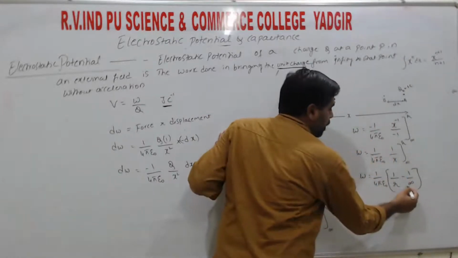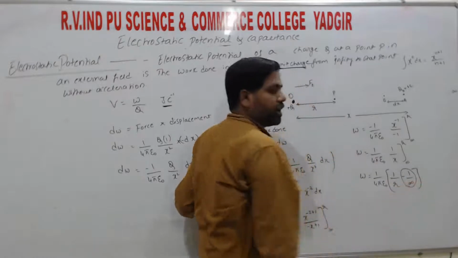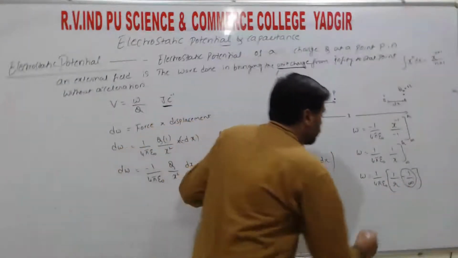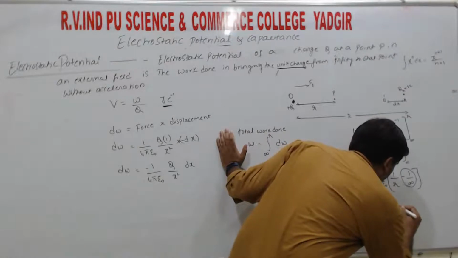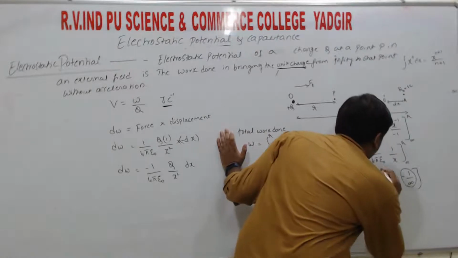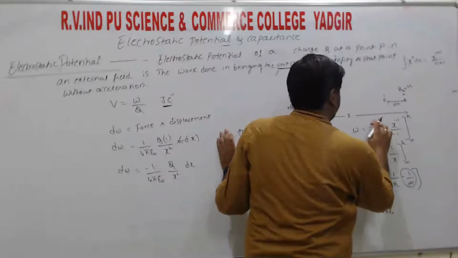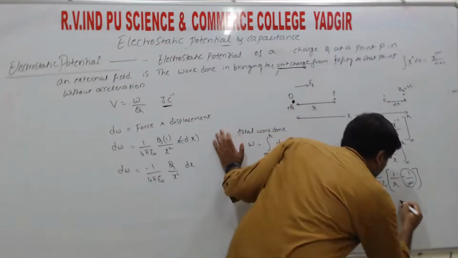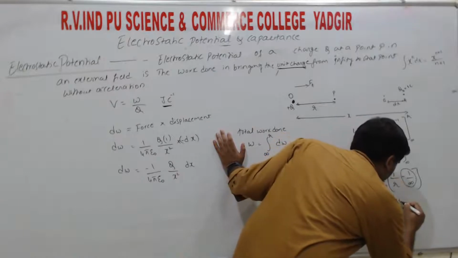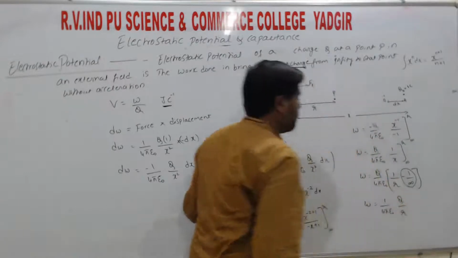So we know 1 by infinity is 0, so this term becomes 0, right? So the work done is equal to 1 by 4 pi epsilon naught q divided by r, right?